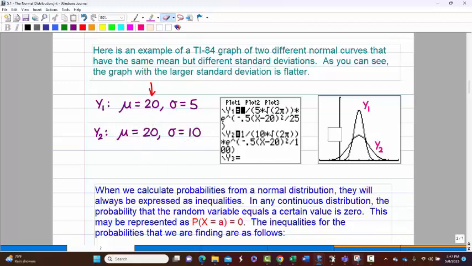I used the same mean so they would be centered. They go by tens here on the bottom, 10, 20, and the second graph with the larger standard deviation was the flatter of the two graphs. So that's just strictly for illustration purposes. You will not have to use any kind of technology to actually draw the graph.